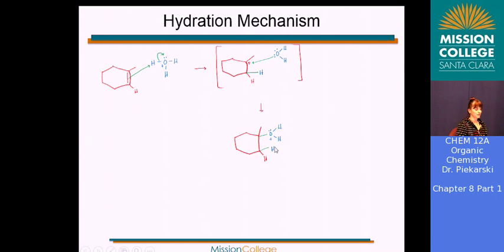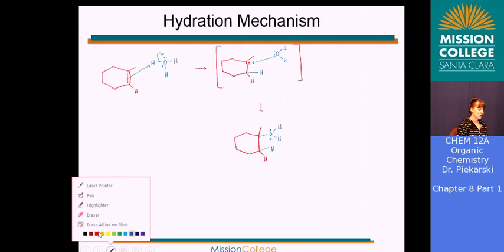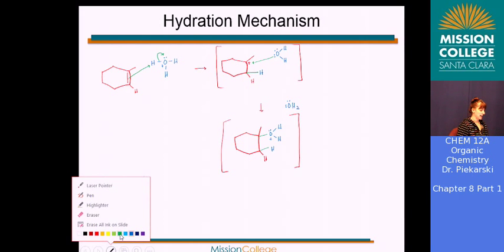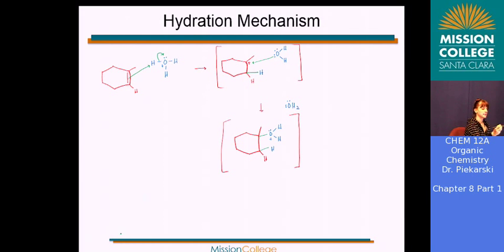You've seen this pattern before. What do you think is going to happen next? Water is going to come in and act as a what? As a base. Good. So let's draw our water molecule in. Our water molecule is going to come in and act as a base to pull off the proton and push those electrons onto the oxygen.